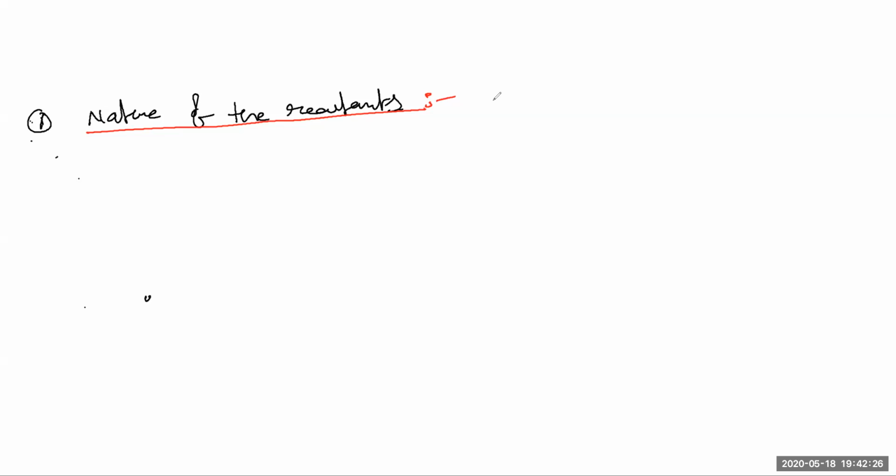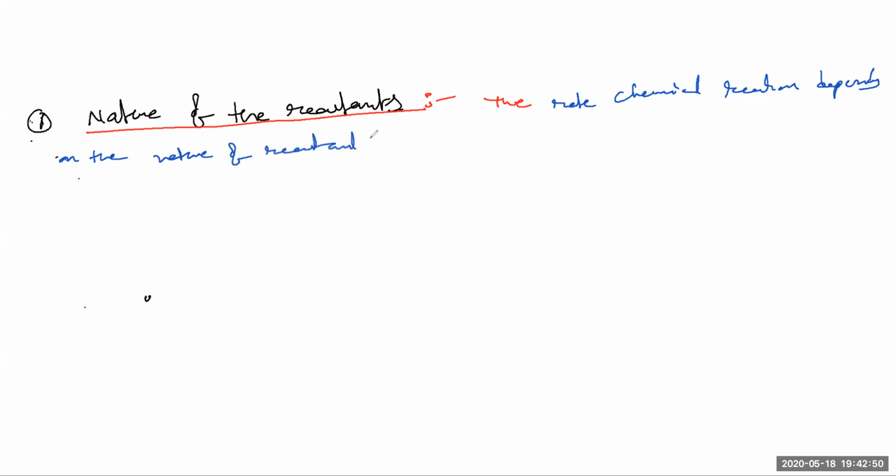Nature of the reactants. That means the rate of chemical reaction depends on the nature of reactants.